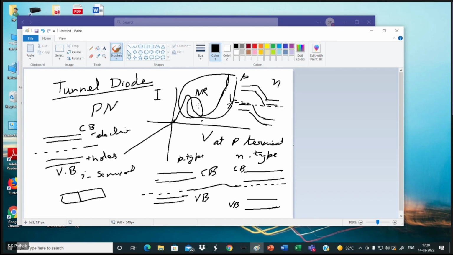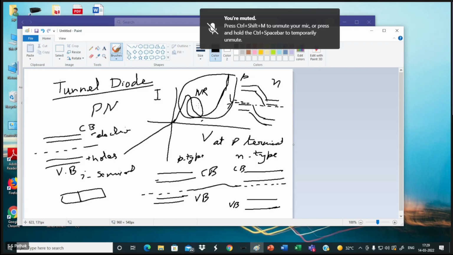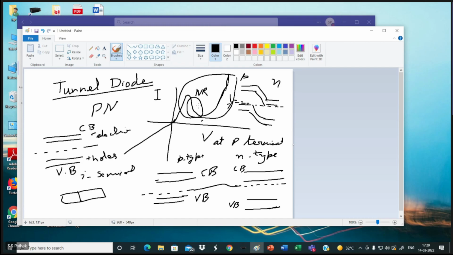I will talk about the tunnel diode in the next class: how does it give this characteristic? And if you want to use it as two stable states, we have to come to this stable state in the negative resistance region also. But how to make use of this state and this state?